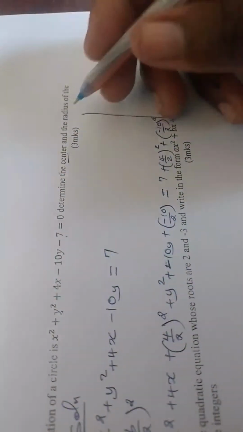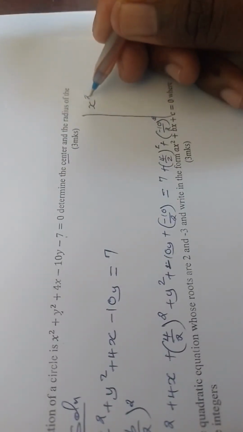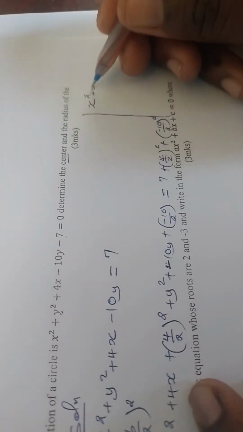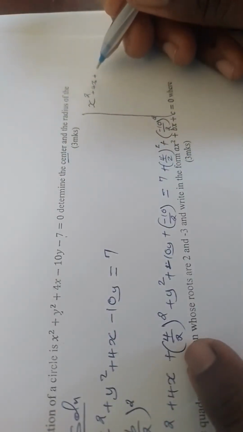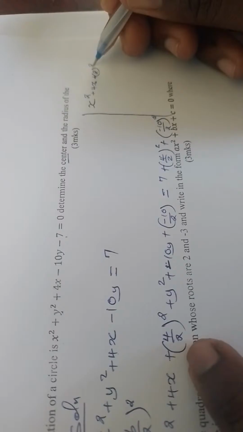So this one is the same as x square, then plus 4x. This one, 4 divided by 2 is 2, then plus 2, then square of that.